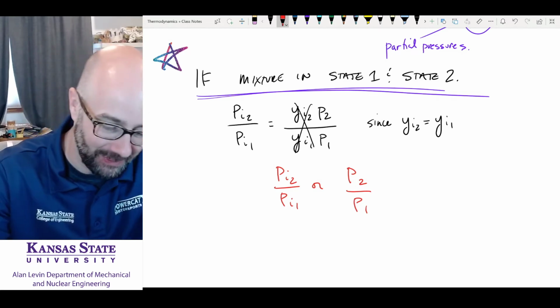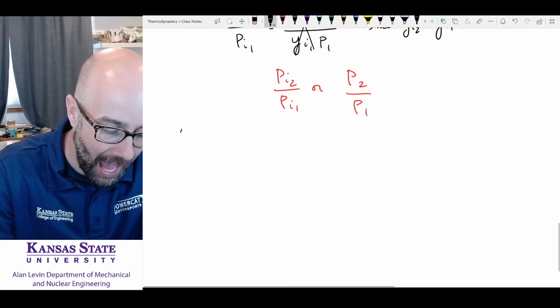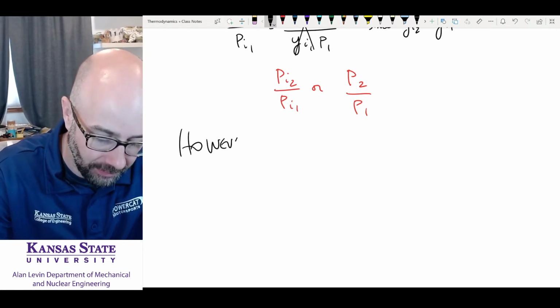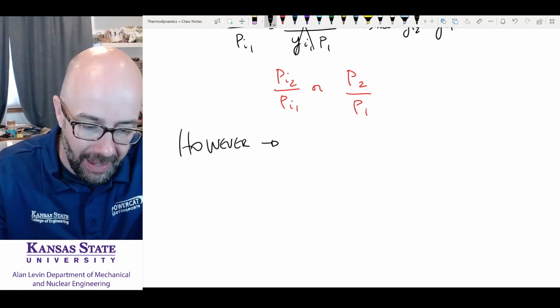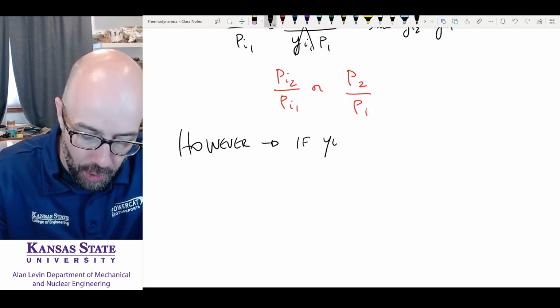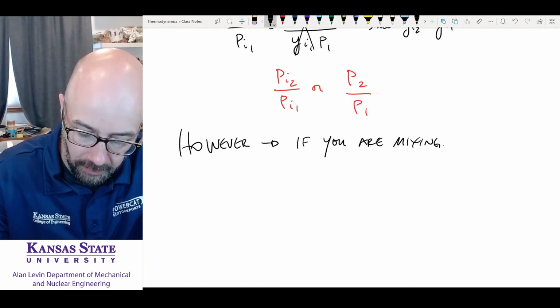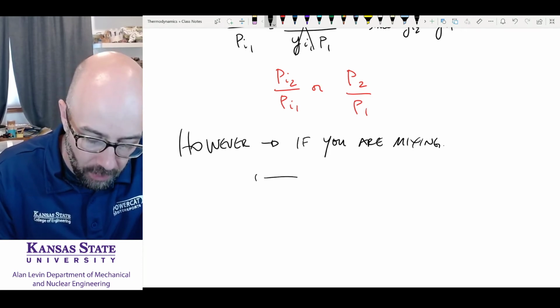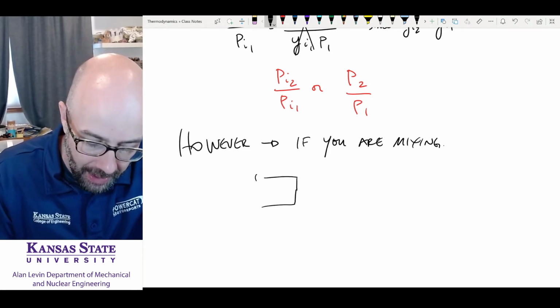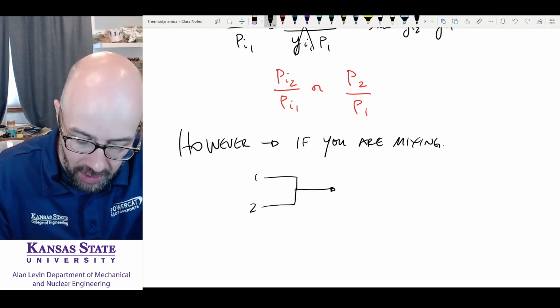However, here's the big however. If you are mixing, what does that mean? You have some substance 1 coming in and substance 2 coming in, and they're coming out as substance 1 plus 2.